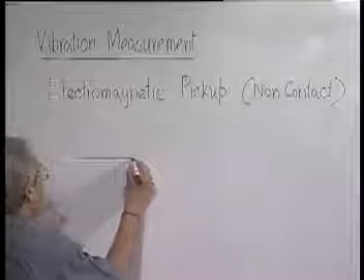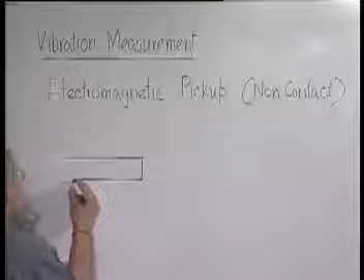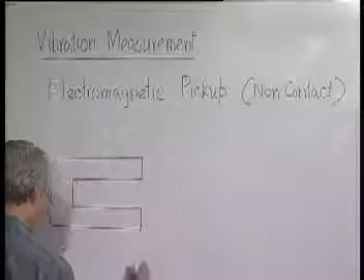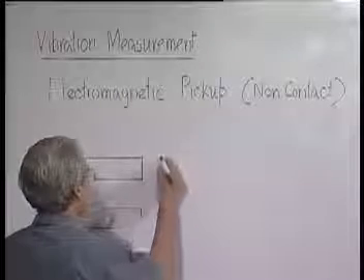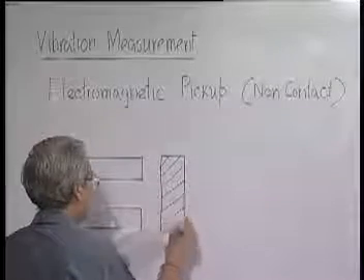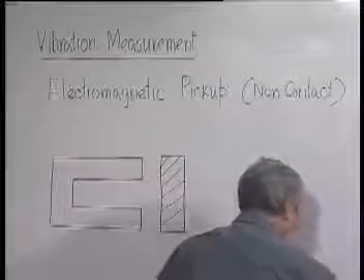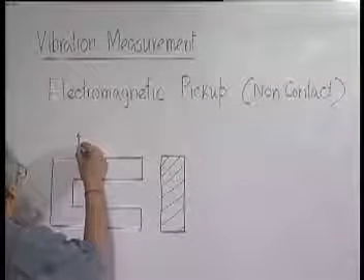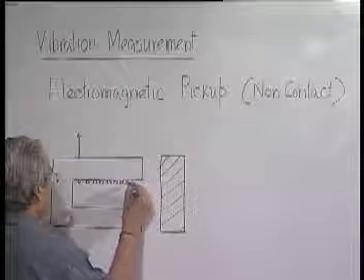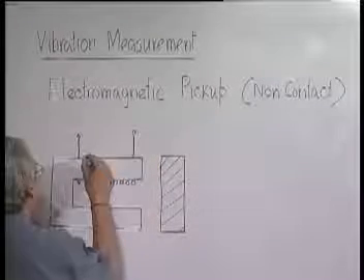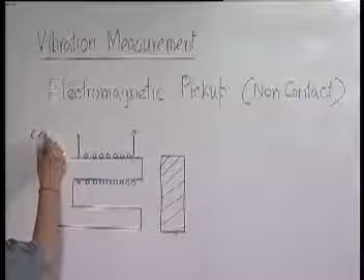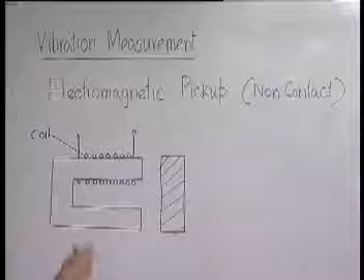The basic scheme: this is the coil which is wound about one leg of this magnet.